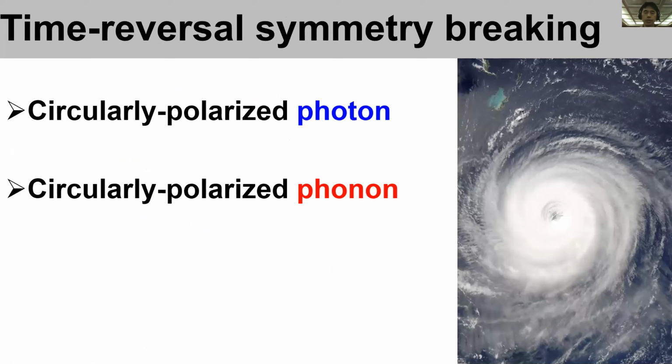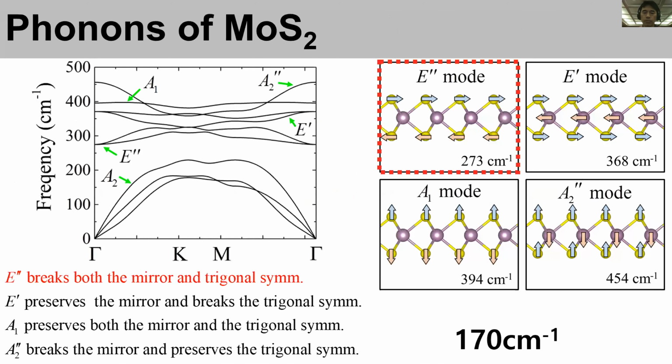Our motivation is that not only a circular photon, but also a circular phonon, something circular like a hurricane, can provide the time reversal breaking feature. So we want to provide an example of this kind of time reversal symmetry manipulation by circular motion.